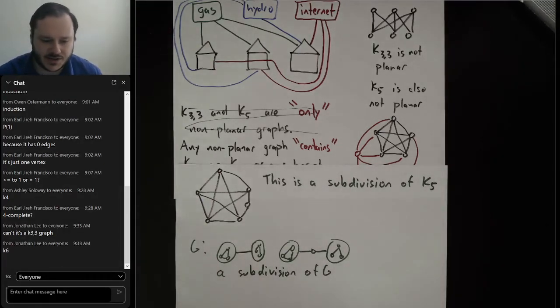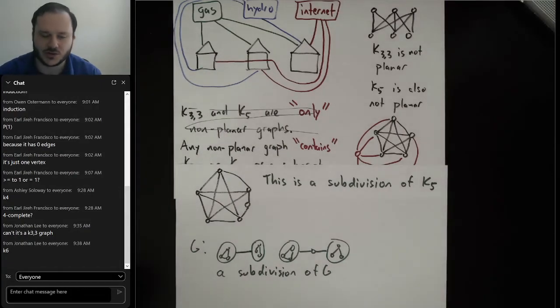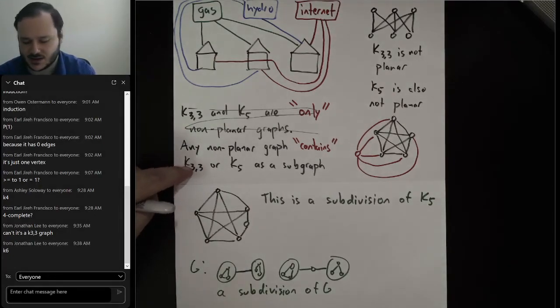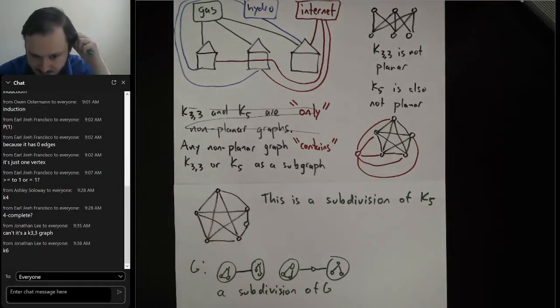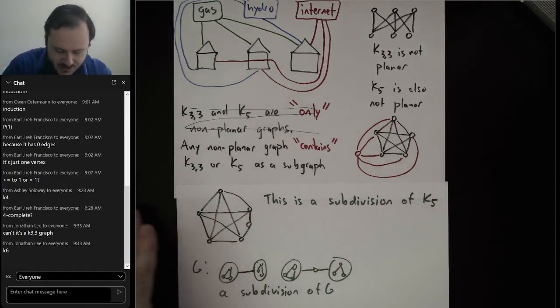And so here is the actual, not lying to you, result about planar graphs. It's not that K33 and K5 are the only ones that are not planar. And it's not that you have to contain exactly a K33 or a K5. It's these subdivisions that you have to worry about. So this is called Kuratowski's theorem.